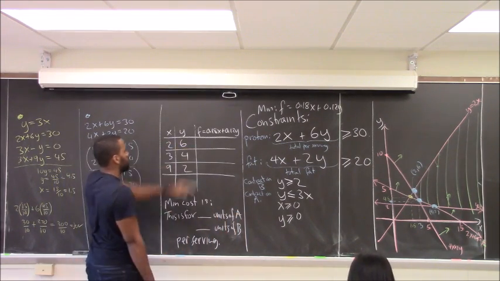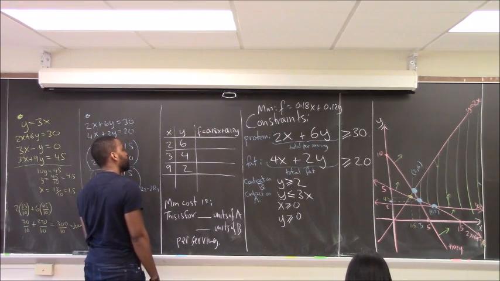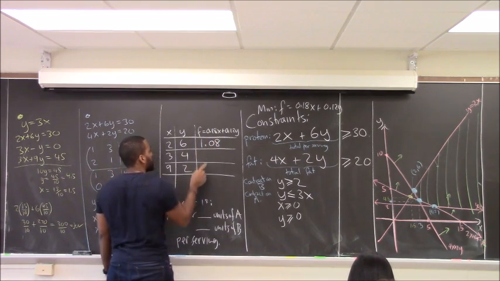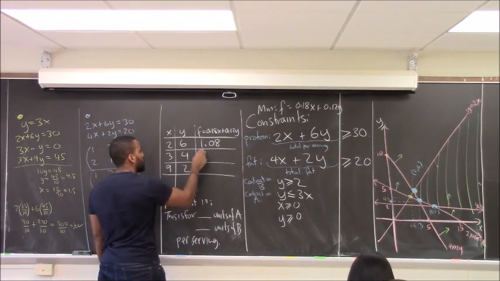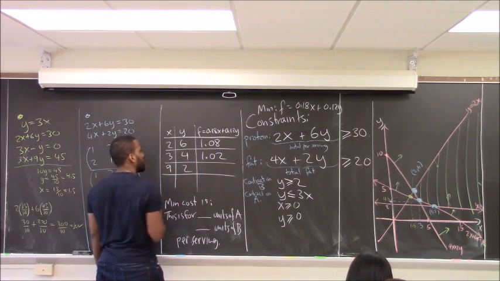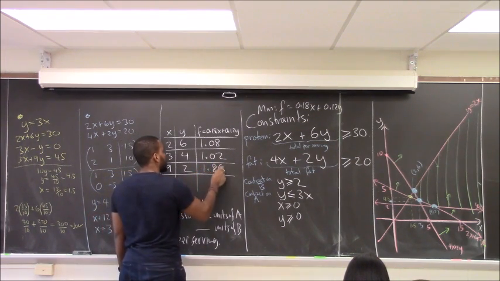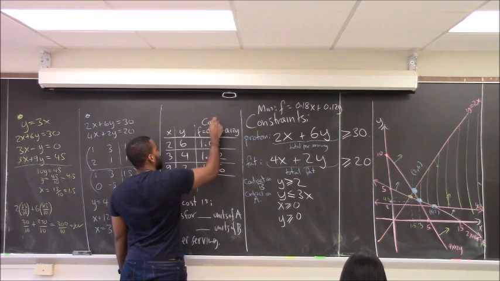So what is the first one? 1.08. 1.02. $1.86. Now this is the cost per serving.